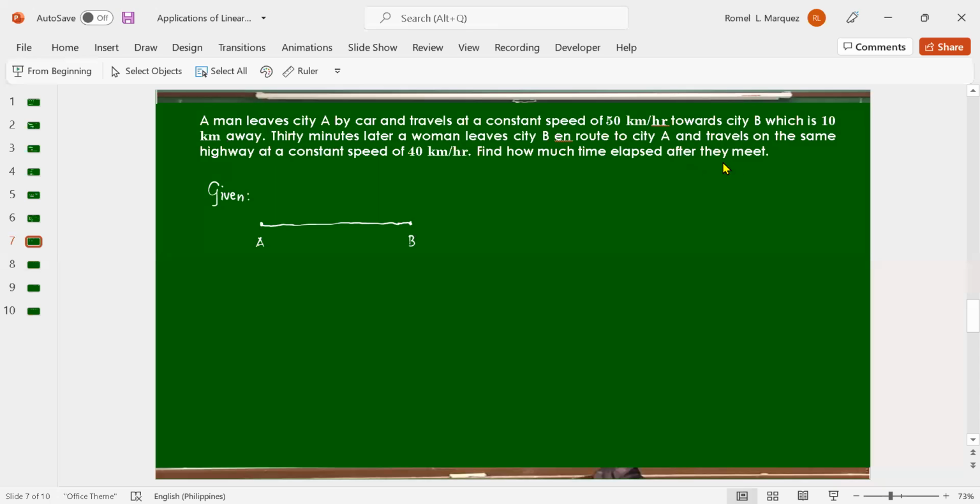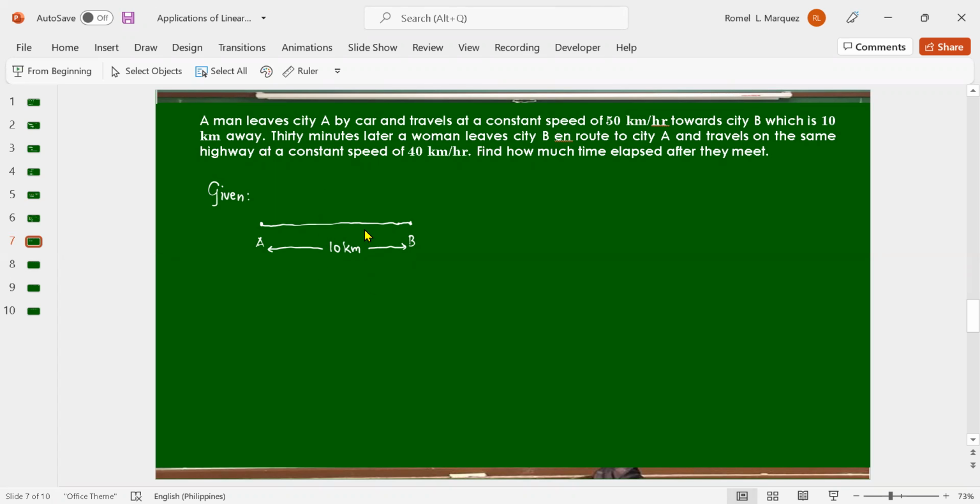How much time elapsed after they meet? So let's say they meet somewhere here. Who is faster? A man leaves city A by car and travels at a constant speed to city B, which is 10 kilometers away. How many kilometers? 10 kilometers from A going to B. Am I right, guys? Children?